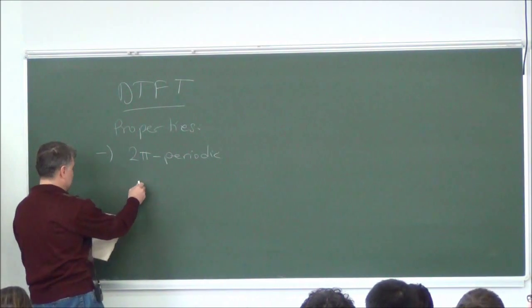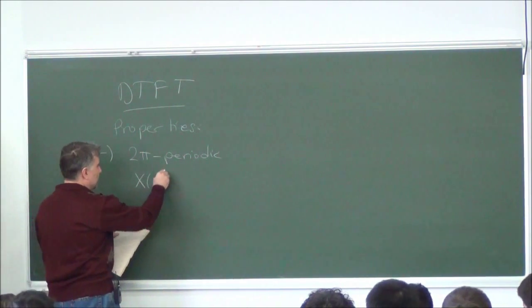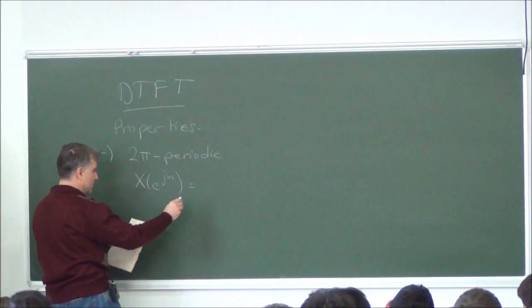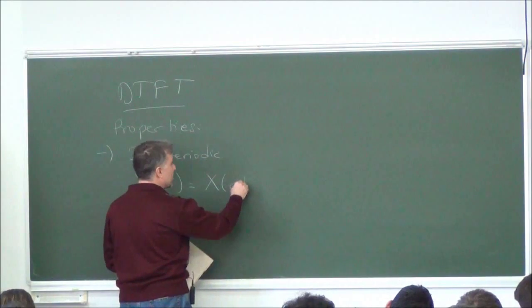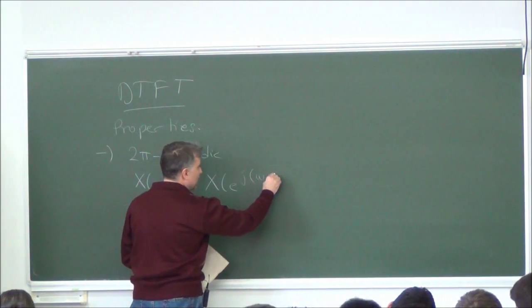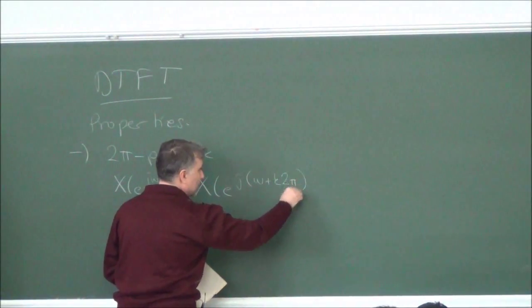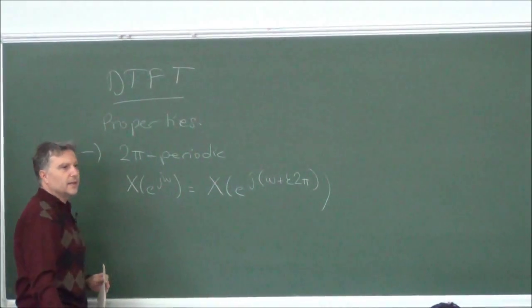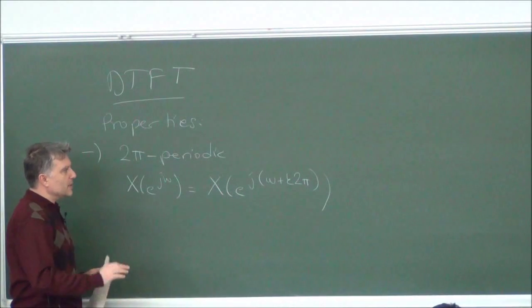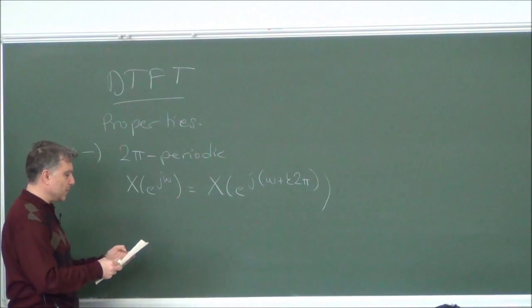And what does that mean? It means X of e to the j omega, the Fourier transform, is equal to, or must be equal to, X of e to the j in parentheses omega plus k times 2 pi, depending on an integer k. So this is something that you have to always keep in your minds.